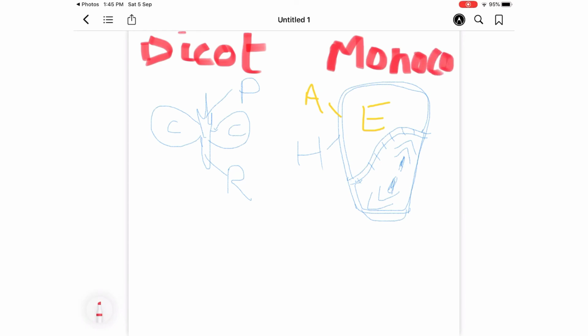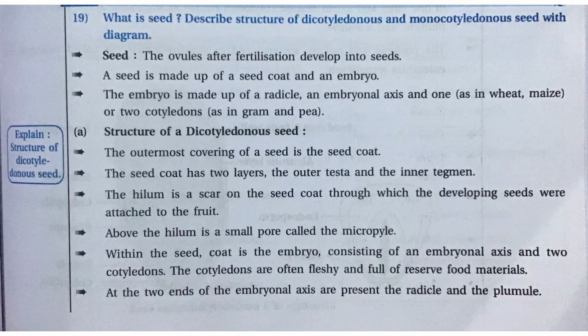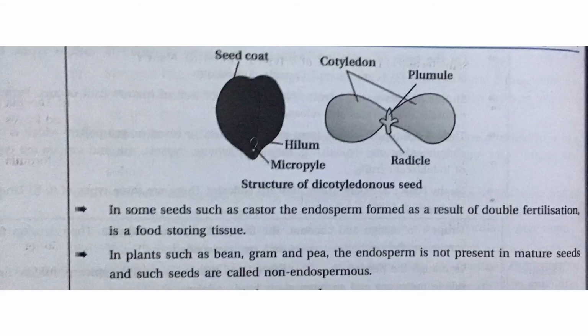So in this way, this diagram is important to draw in your classwork. I have shown you how to write point wise all the things. You just note down the main points like seed coat, then embryonic part, and more detailed points like this.